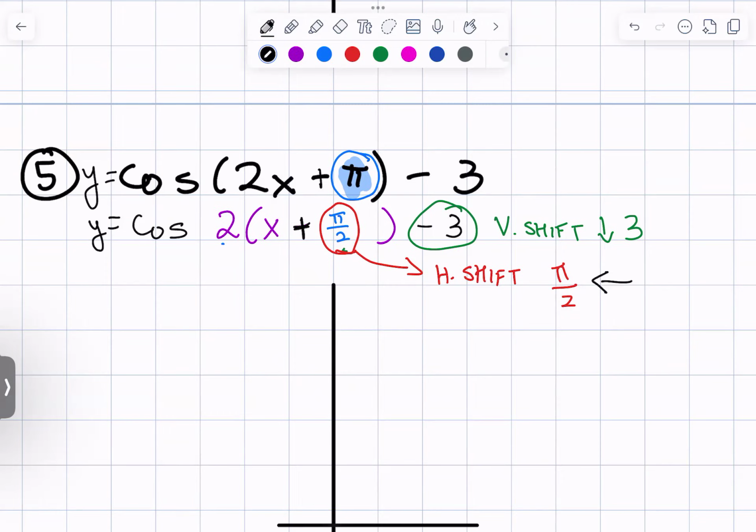To the left, pi over 2 units. I know that this 2 here affects my period. So my period is going to equal 2 pi over 2, or pi units long. And my amplitude is the same because there's no number here, right? It's an invisible one.